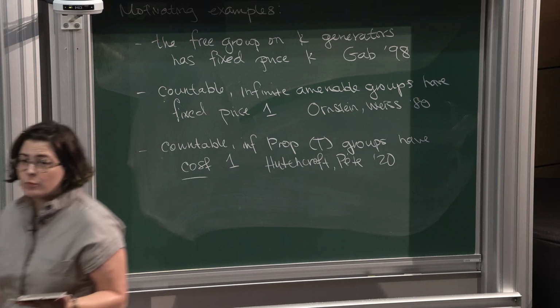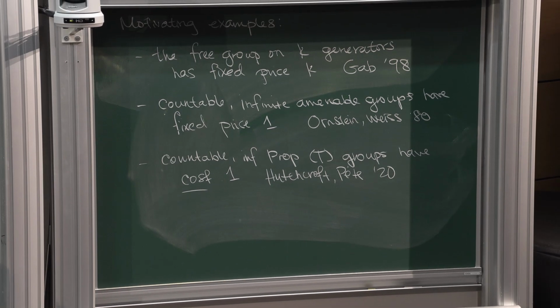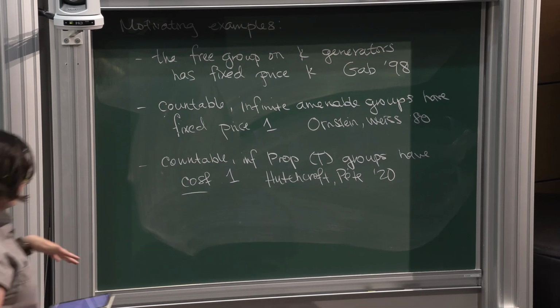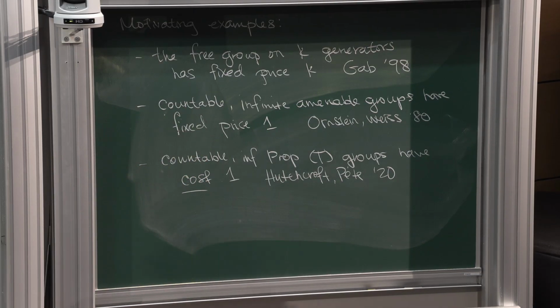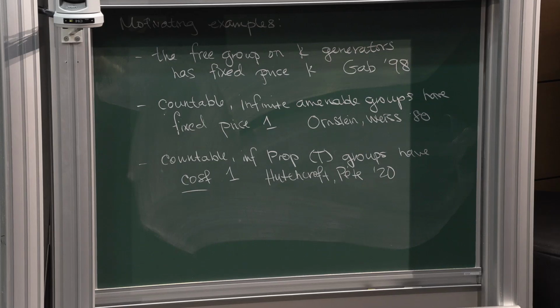On the other hand, countable infinite property T groups, Tom Hutchcroft and Gábor Pete proved that they have cost 1. It's an open question whether all of them have fixed price 1.